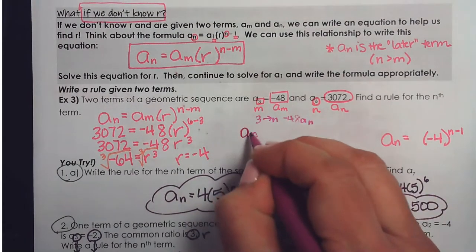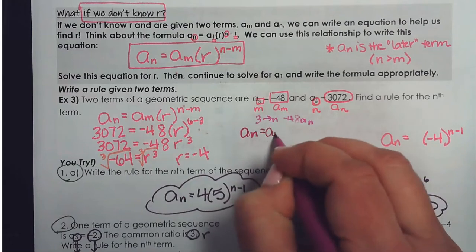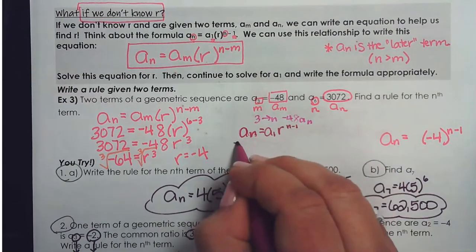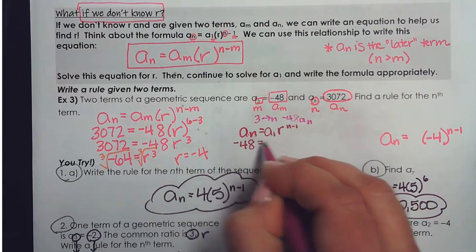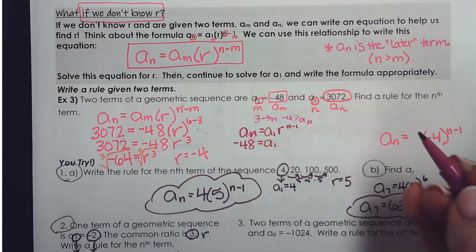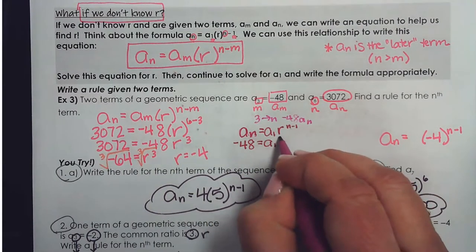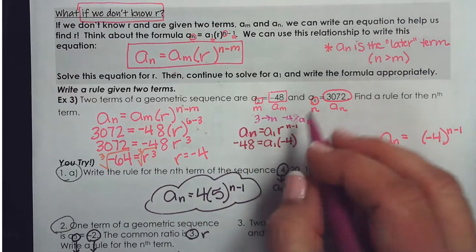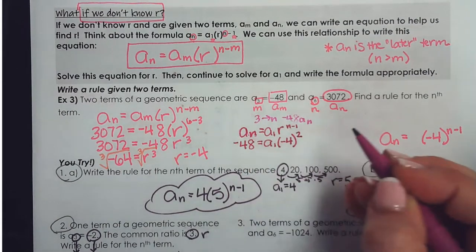So I have that a sub n equals a sub 1 times r to the n minus 1. So I have negative 48 equals a sub 1 times r, which we said was negative 4, to the 3 minus 1, which is going to be squared.